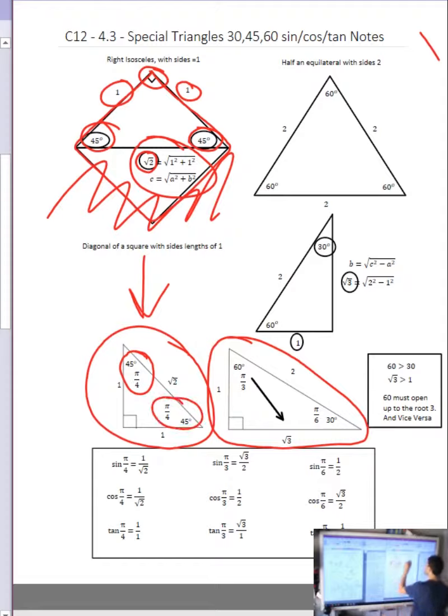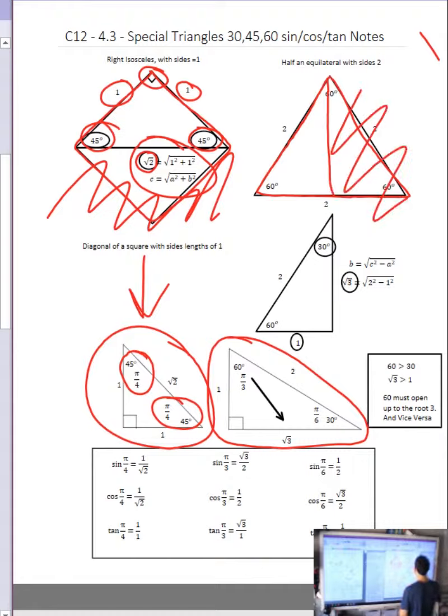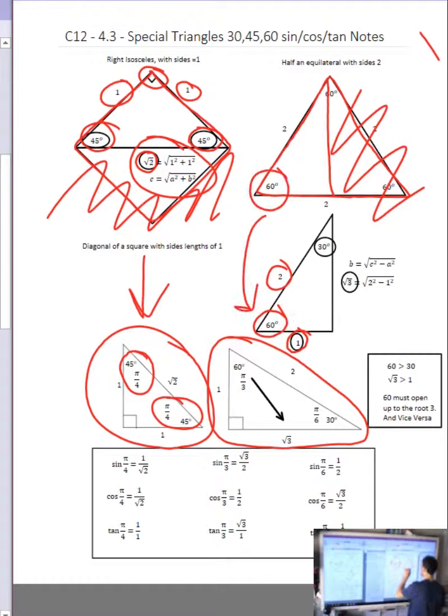Now off to the right, let's take an equilateral triangle and let's cut it in half. Well, if my equilateral triangle started off with side lengths of 2, my side lengths are now 2 and 1. And if my initial angle was 60 from before, and I halve my other angle of 60, I get 30.